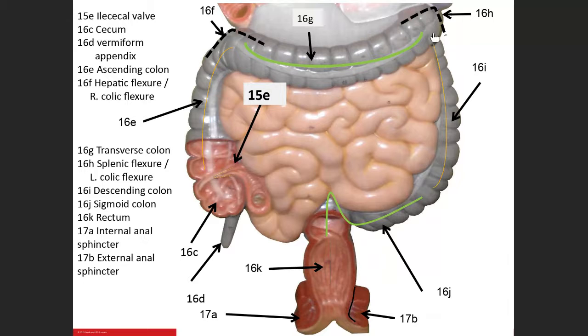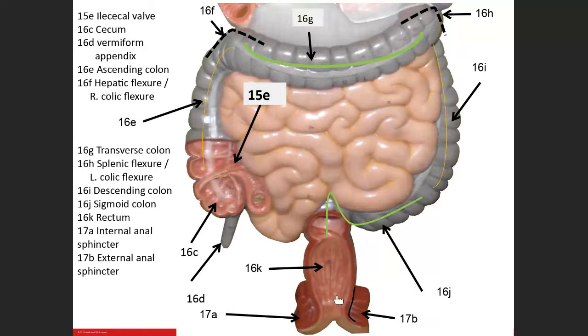Then the colon takes a move downwards. That's the descending colon. And then it swings back inwards towards the center line of the body, and that's going to be the sigmoid colon. The sigmoid colon connects here to the rectum. It's a major storage site for a lot of the feces collection until it's time to go to the bathroom. And then the final portion of the digestive system is going to be the anus.